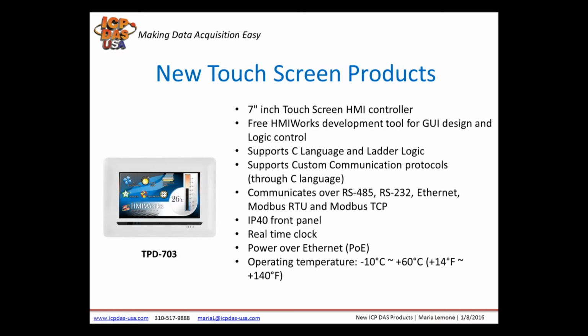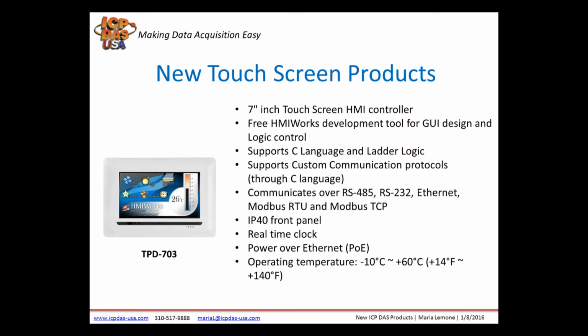The 7-inch TPD 703 is another touch HMI device we recently released and is ideal for automation applications, including building automation. It's equipped with a 7-inch high-resolution TFT color touchscreen. It has a screen brightness of 250 candela per square meter.